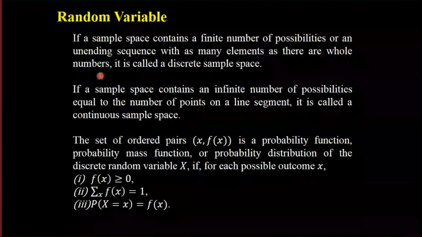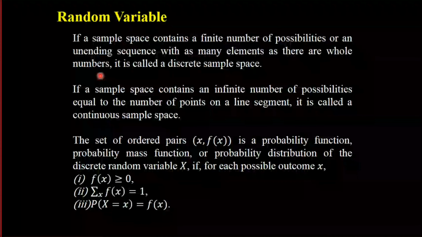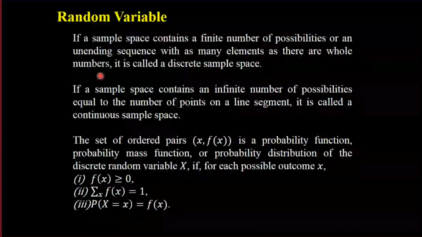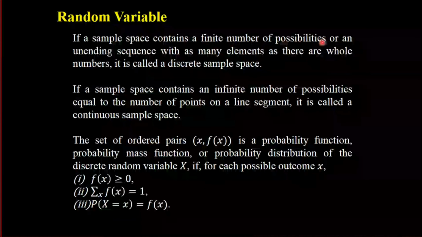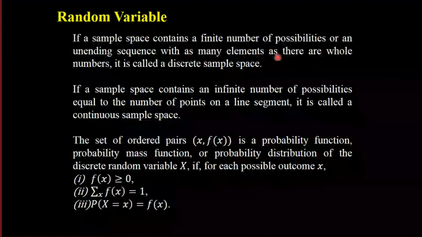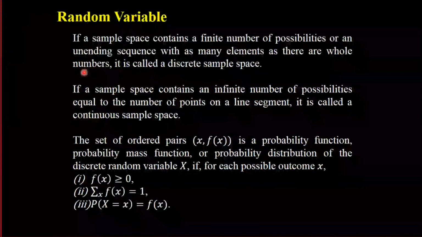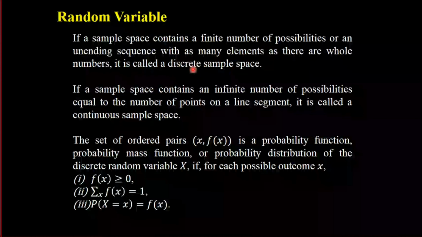Similarly, when you're picking the red black balls also, you can count them. So when we have a finite number of possibilities, this is very important. When we have a finite number of possibilities or an unending sequence with as many elements as there are whole numbers, then it is called a discrete sample space. Understand?